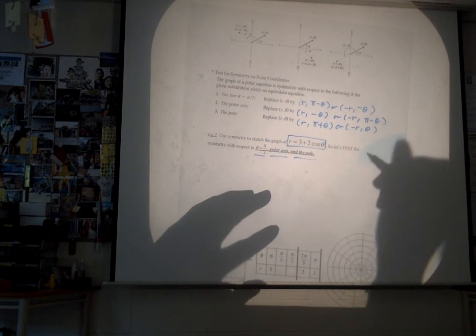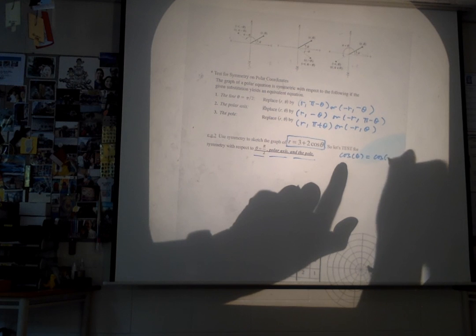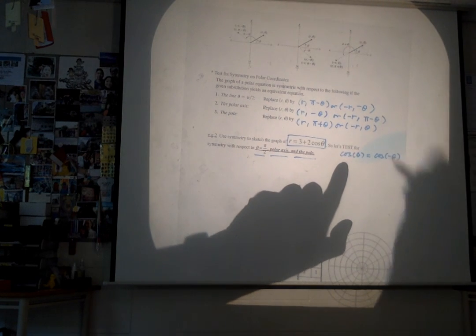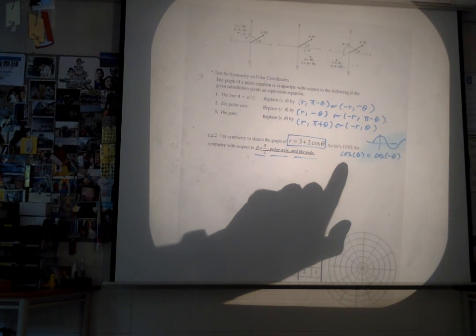So cosine theta is actually equal to cosine of negative theta. Remember this? You know how cosine goes like that? You see how they're equal on both sides?